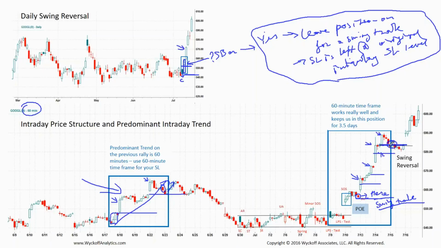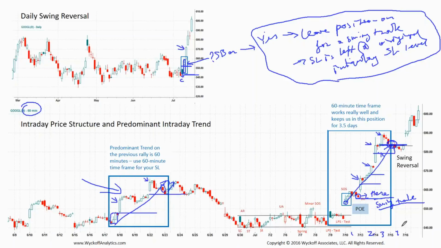So somewhere in this area, I will get out of this position. And look what trade we have had here. Here's the trade. Now this trade actually spans through 1, 2, 3, 3.5 days. So that's not your intraday trade per se, but it's a very short swing trade that we've had.